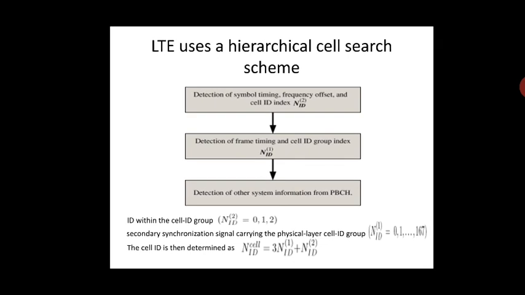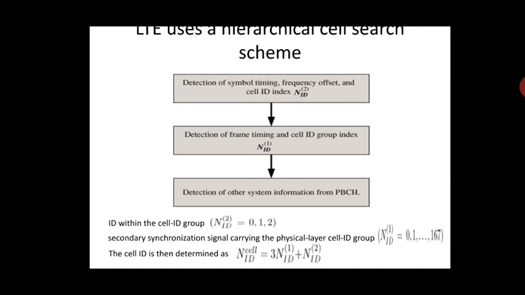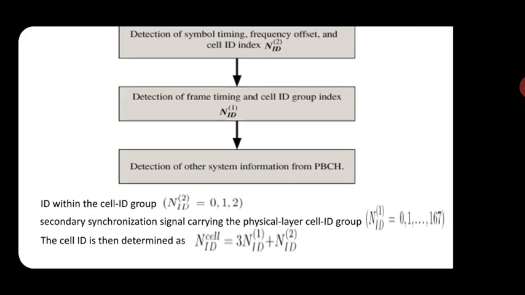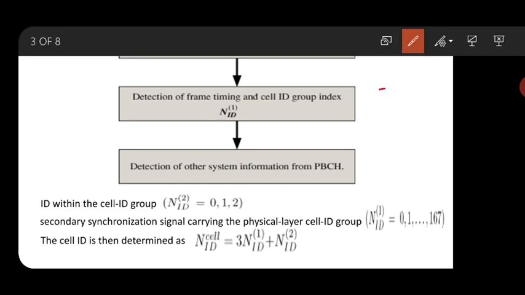Now, the cell ID index NID 2: if I take a 2, there are 3 cells, given like this, 1, 2, and 3. Let us take that the frequencies here will be F1, F2, and F3.